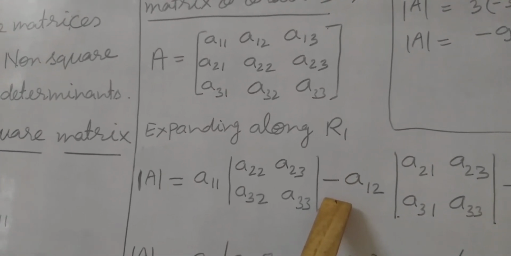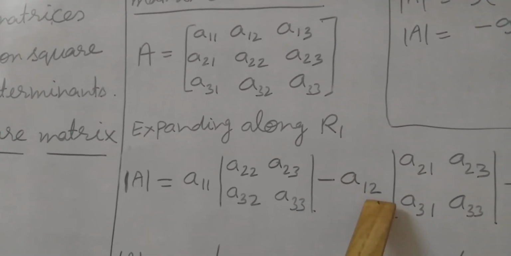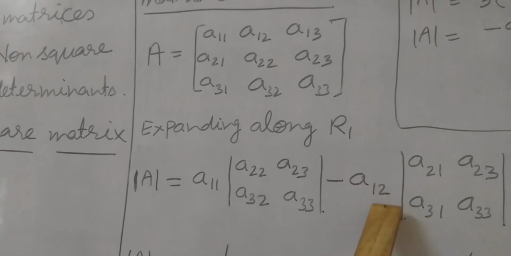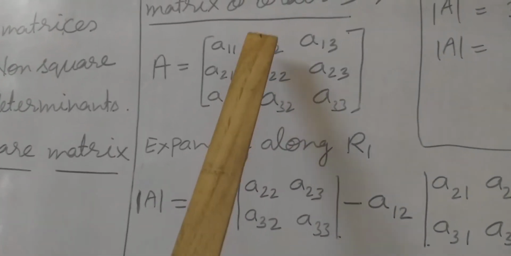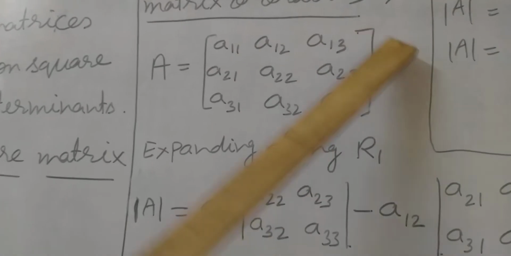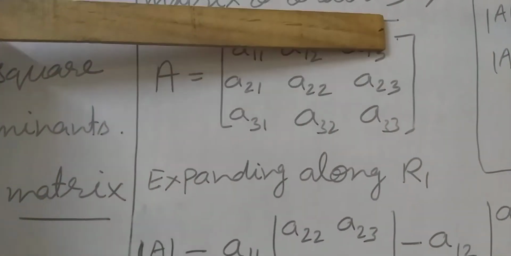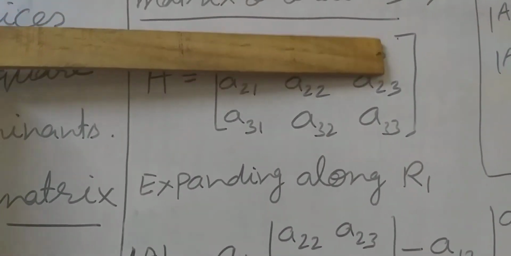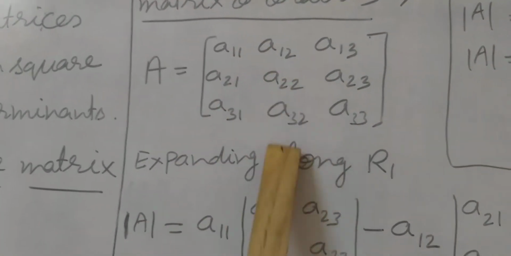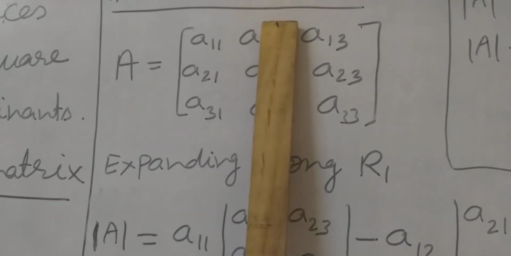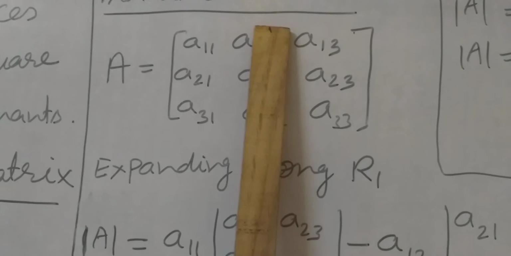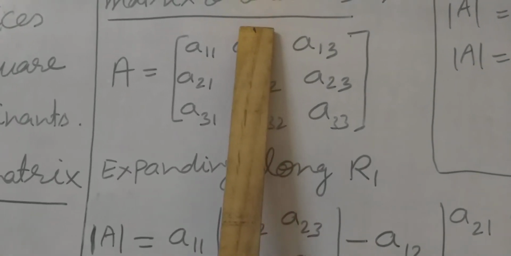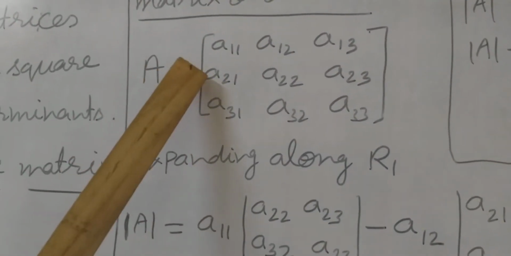Correct? Now we have to delete the row and column in which A12 lies. So A12 lies in first row. So first row will be deleted, correct? And A12 lies in second column, student. The second column will be deleted. So what are the left values after deleted?